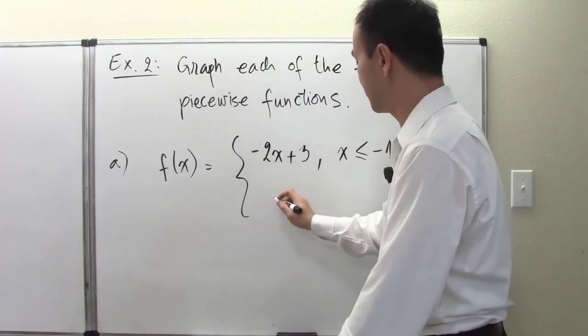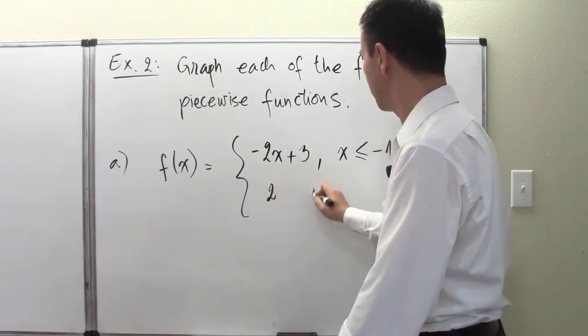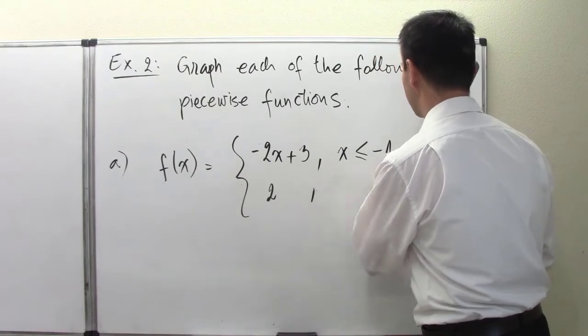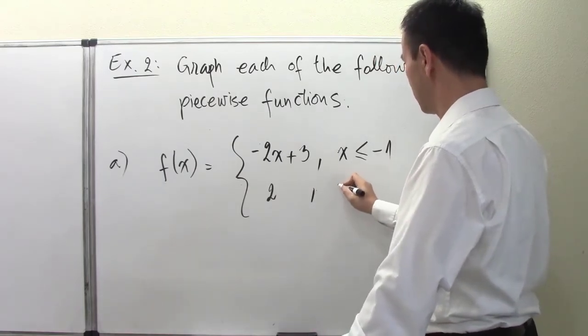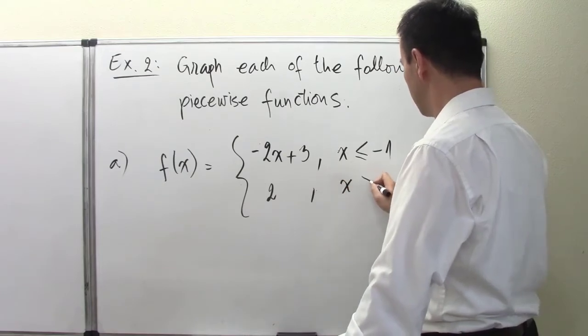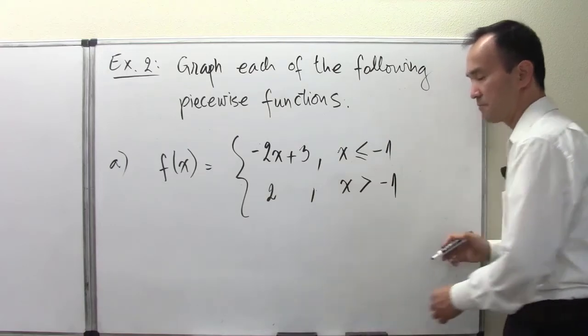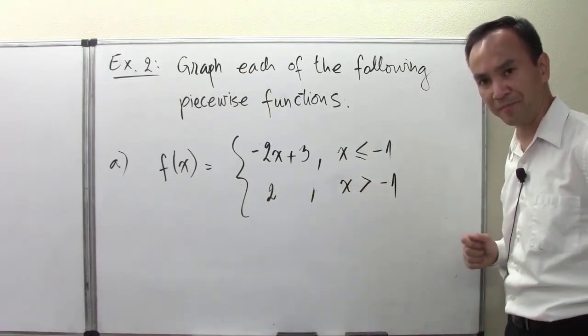And then we're looking here at 2 for x greater than -1. All right, so that's the problem that we want to do a hand sketch on right there.